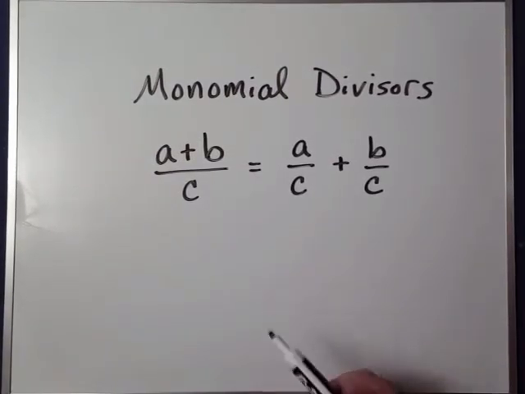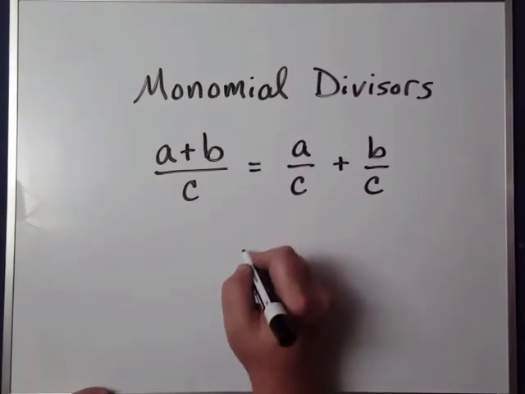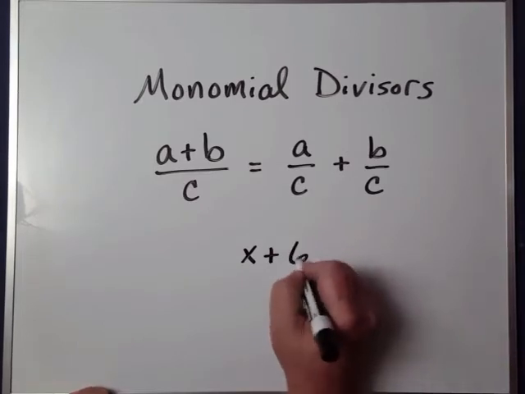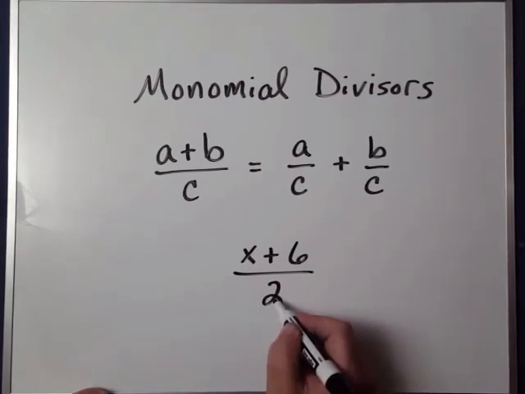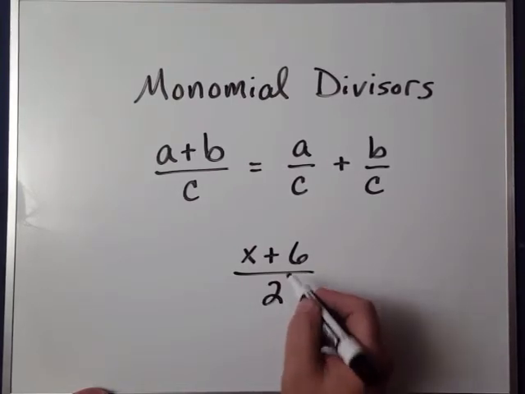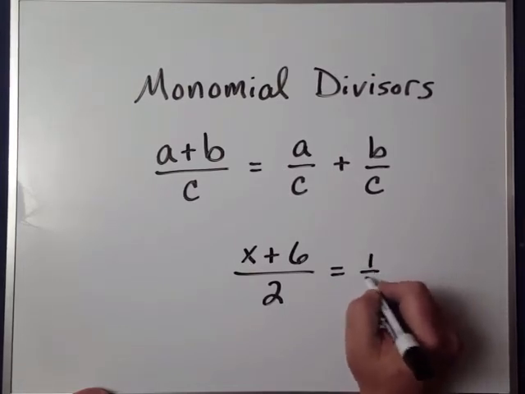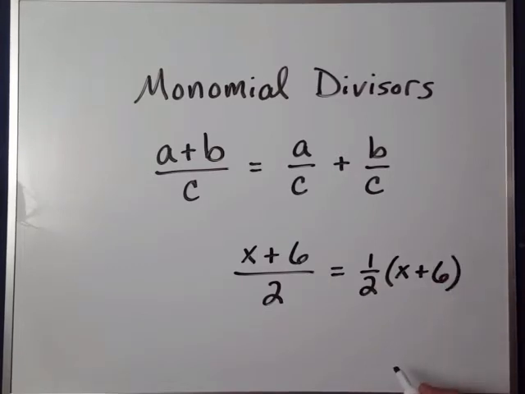Another way to look at this, think about it like this. If I wanted to divide x plus 6 divided by 2, that's a single term in the bottom, my divisor is a monomial, isn't this the same as saying 1/2 times that binomial?